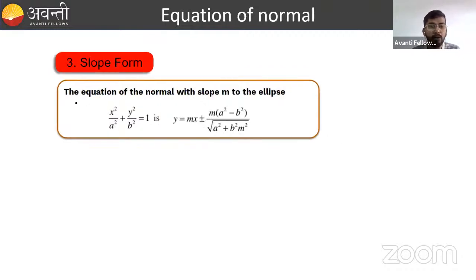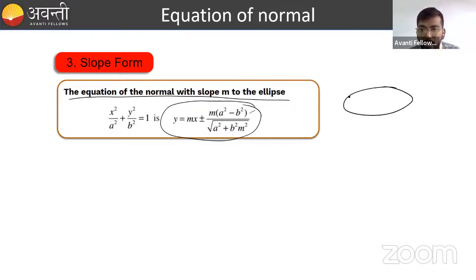Now the equation of the normal with slope m to the ellipse. Okay. So here we had defined for the tangent when the slope was m.